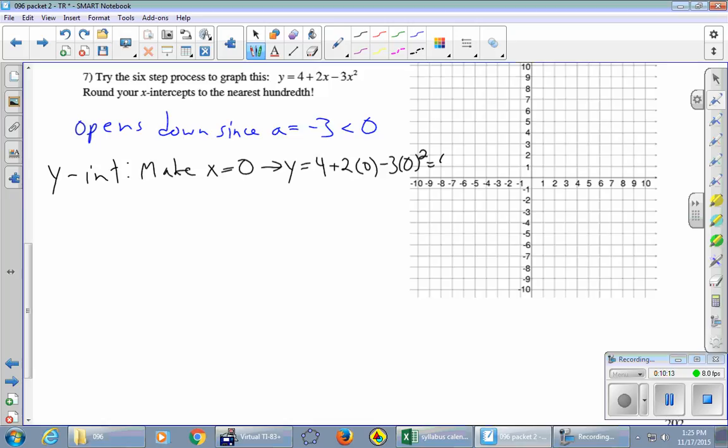And that is just 4. Let's write both coordinates of the y-intercept. What comma what? 0, 4. Okay, and we can go ahead and plot that point. That's here.